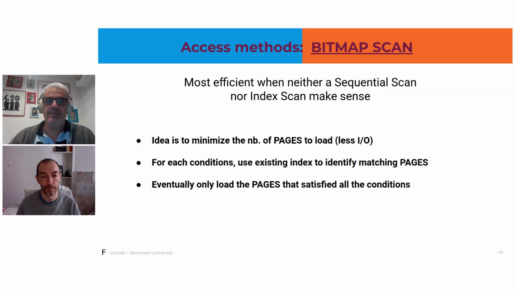In this case, we will try to fetch the corresponding rows and put them in a memory area called a bitmap. The bitmap, just like the name says, is a map or a table of bits where each bit corresponds to a page in the table.